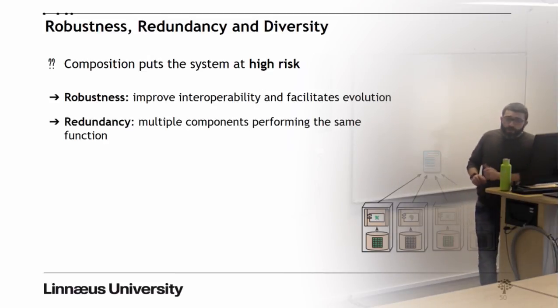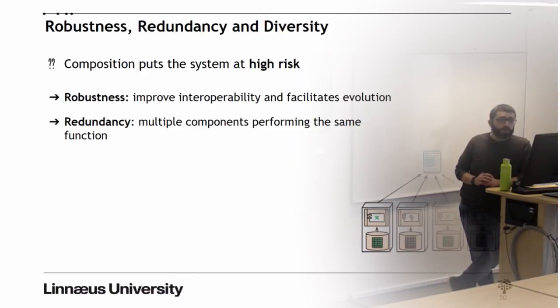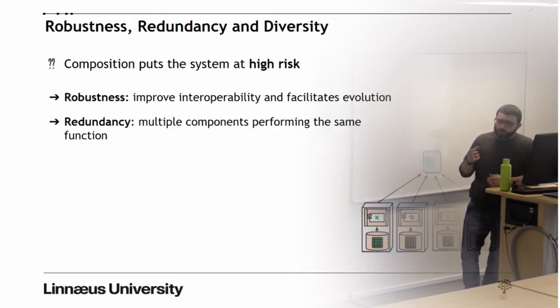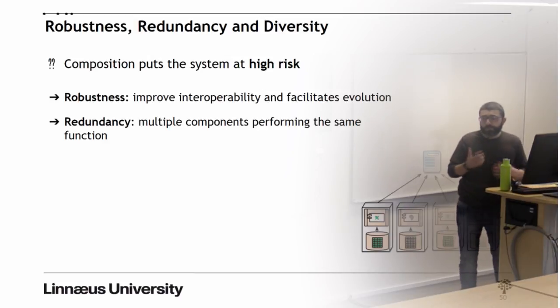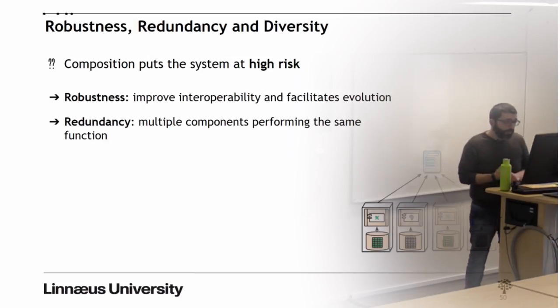We have to make redundancy: multiple components performing the same function, so that if one service fails, we have another service that can take over and keep providing the functionality that we have.